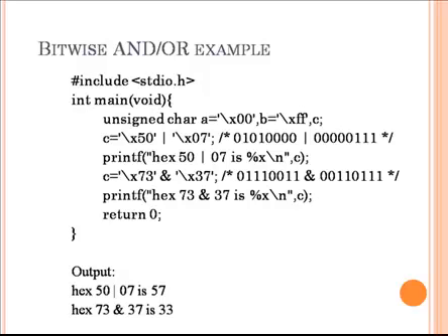Let's consider one program on the bitwise AND and bitwise OR operators. In the first statement of the program, we are assigning 0x00 to A. This is hexadecimal format, and we are assigning 0xFF to B. The corresponding binary form of 00 we can represent as 4 zeros and 4 zeros.